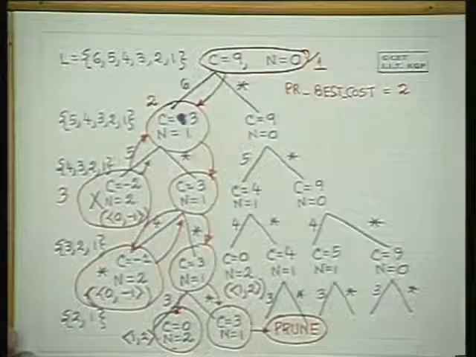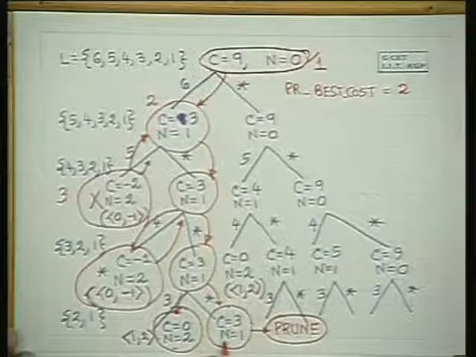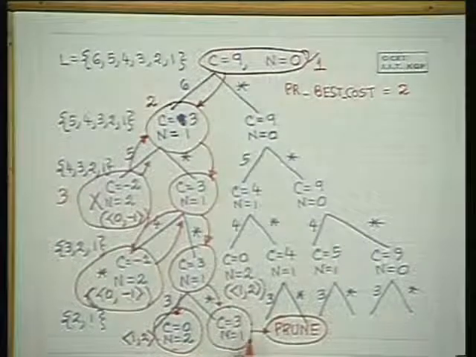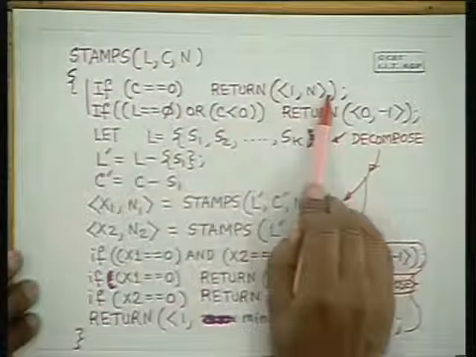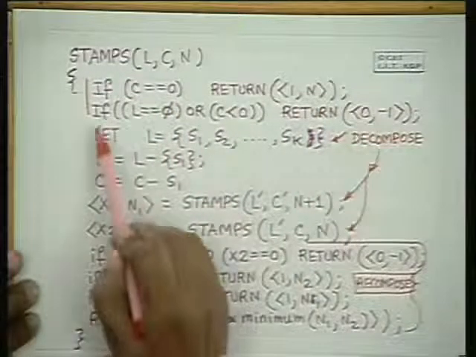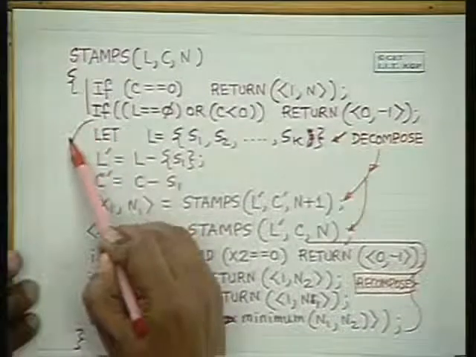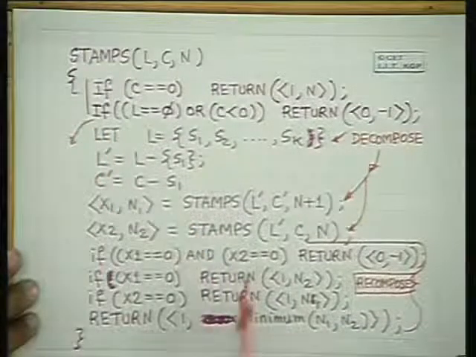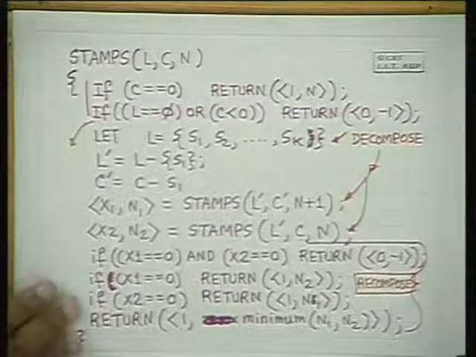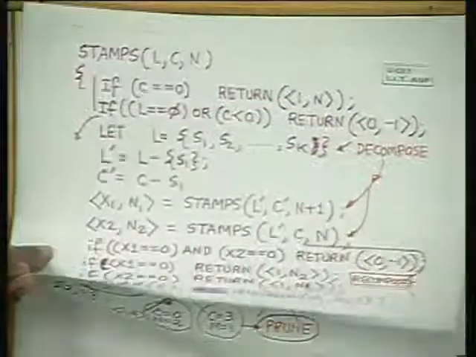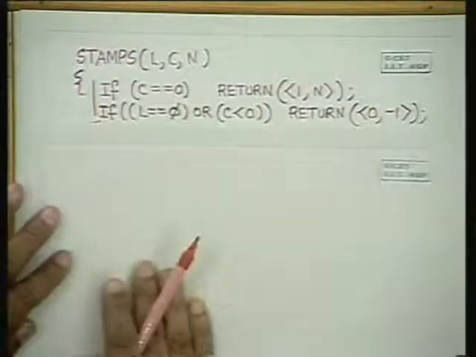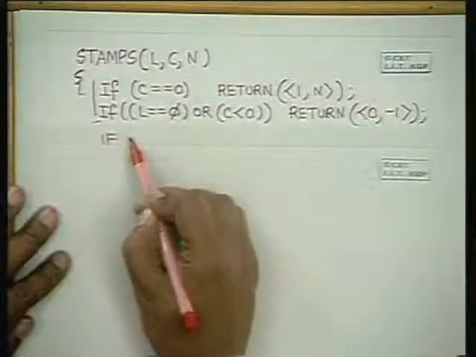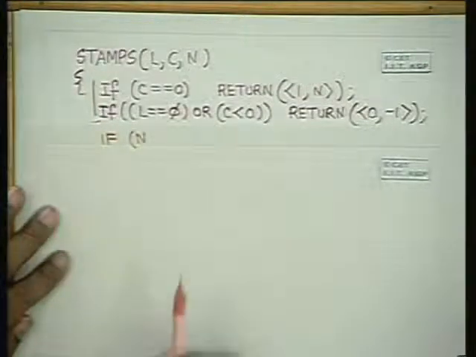Because what is meant by prune? I will say that in the algorithm here, this is one base condition, this is another base condition. At this point, I can say the following. What can I say? I can say at this point that, let us assume that the present best cost is a global variable.